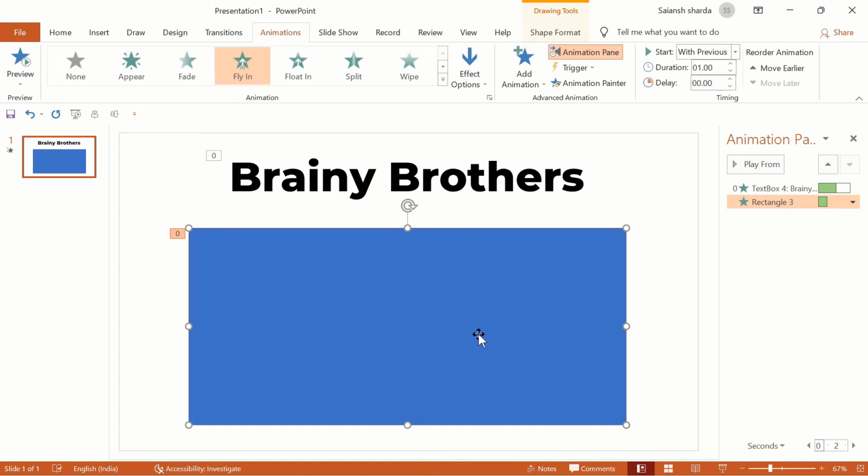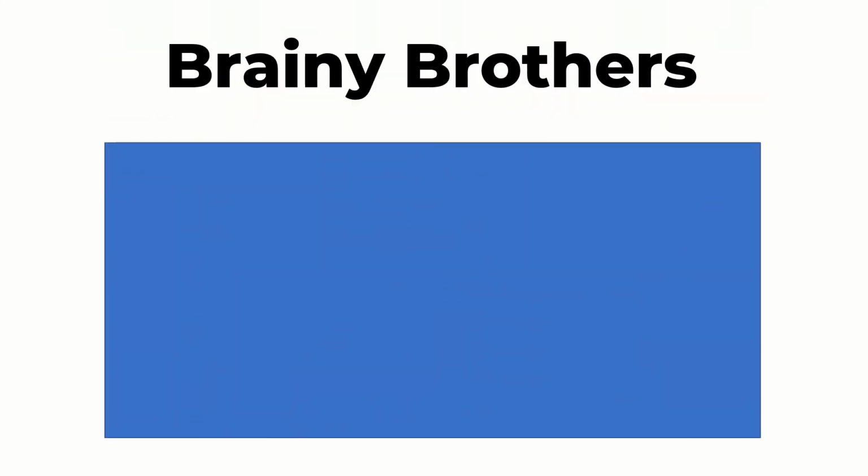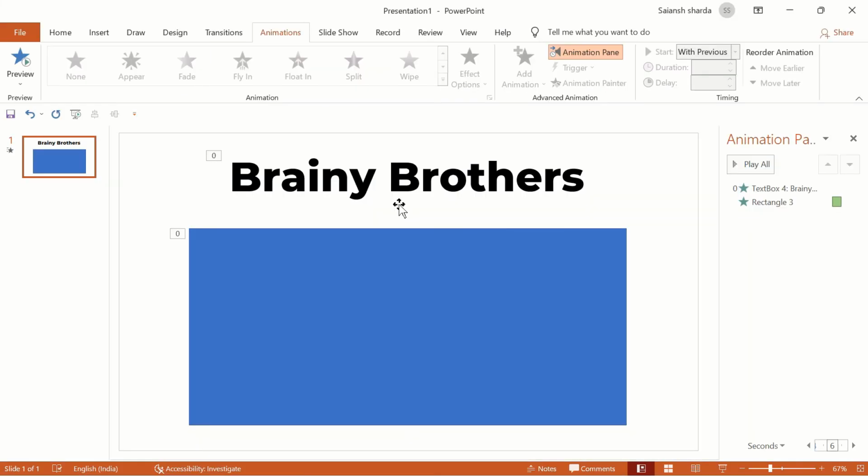So how can we do that? We can go to delay and just say 6 seconds. And now if we go to slideshow, here you can see first this animation plays, and then 1, 2, 3, 4, 5, and 6. Here you can see this animation plays.